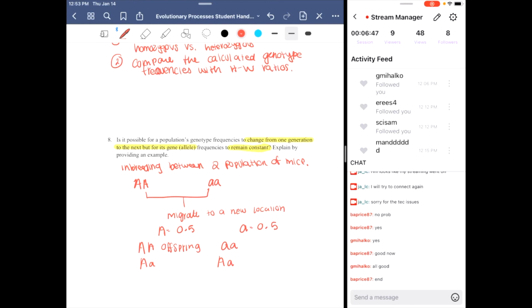So if each of these matings and the offspring occur in equal probability, and as a result, there will be 1/4 of the population with big A, big A, and 1/2 with big A, little a, and 1/4 with little a, little a.